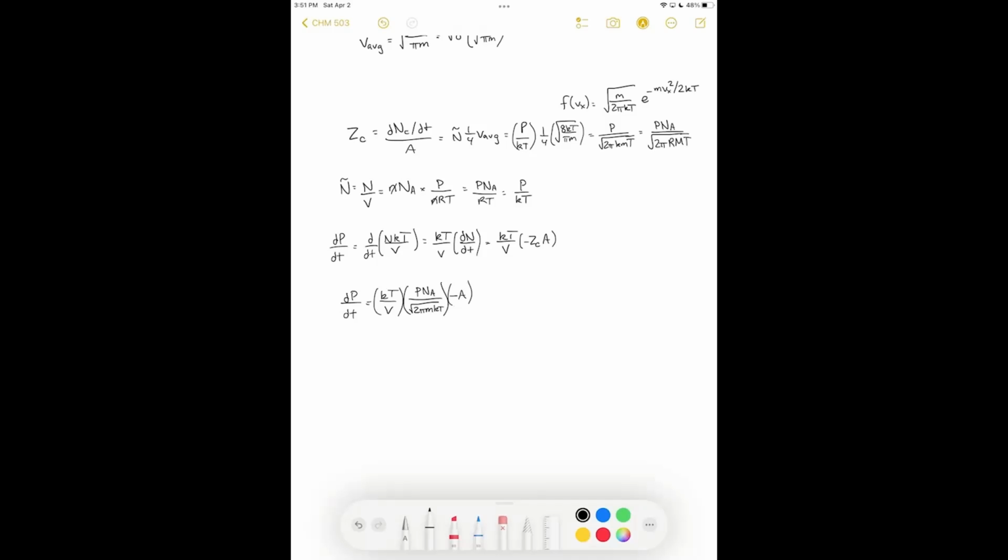Going through the process, we rearrange, we put this P over on this side, we bring the dt over to this side, and we can integrate this and get an expression that says the pressure is equal to the initial pressure times e raised to the, essentially, so I'll put exp here to denote this, e raised to the negative At over V times the square root of kT over 2 pi m. This describes the change in pressure of a gas as it's leaking through an aperture.